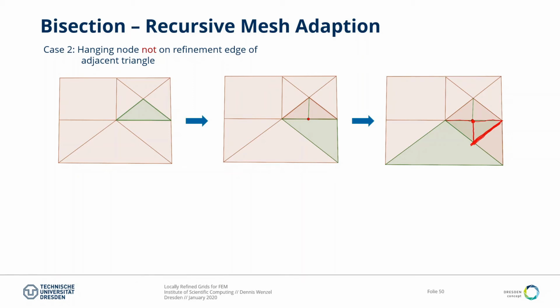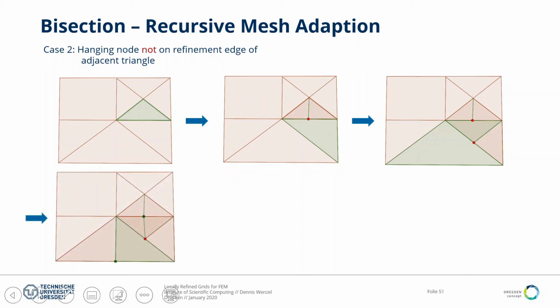But we have an additional problem, because we have now refined this way, we have created another hanging node down here. So our next triangle is also marked green, in a sense that it needs to be refined because we have a hanging node. So we can go one step further. Okay, up here we simply have connected those two. Now this is turned brown because it's perfectly fine. And well, we also have refined this big one down here.